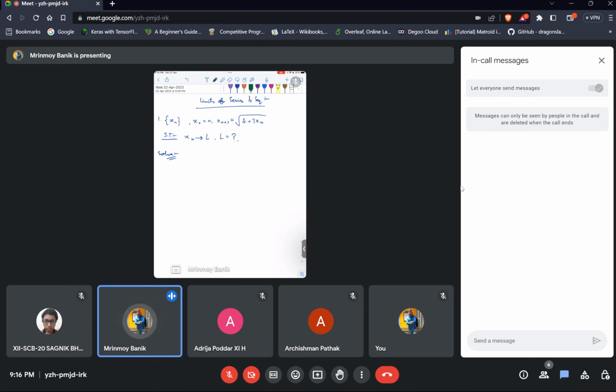So how to go about solving this one? Our basic roadmap will be using MCT for now, the monotone convergence theorem.